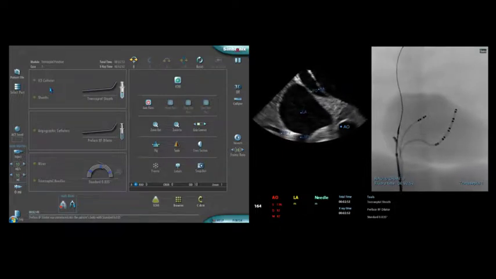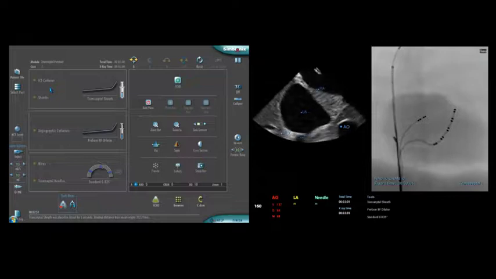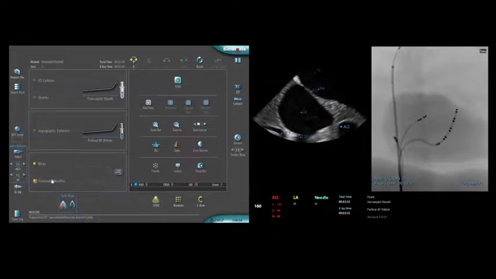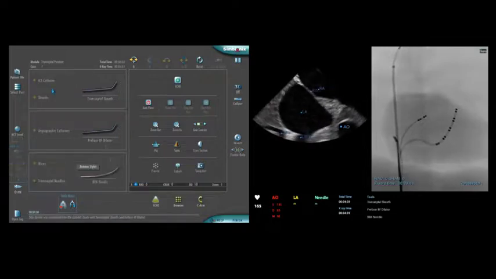The right atrium is in the superior part, the left atrium is in the inferior part. We have put the guide wire in the superior vena cava, and over the wire we have advanced nicely the transseptal assembly in the superior vena cava: dilator and transseptal sheath.